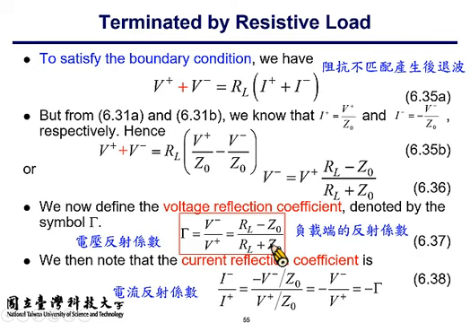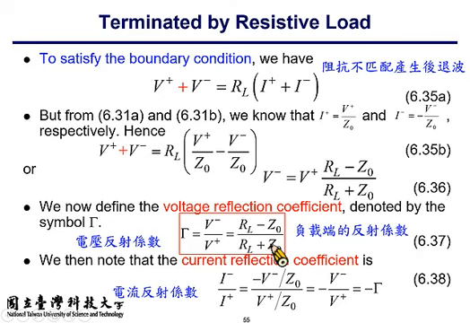It's -1. What does that mean? V minus has the same magnitude as V plus, but it has a negative sign. If the reflection coefficient gamma is -1, that means all the incident power, all the incident signal, is reflected.